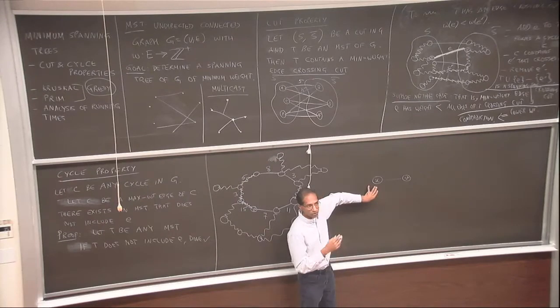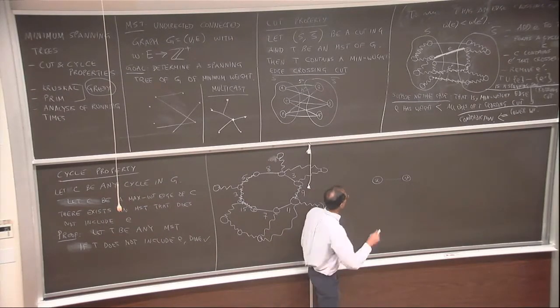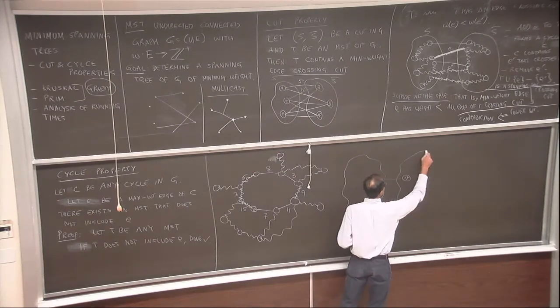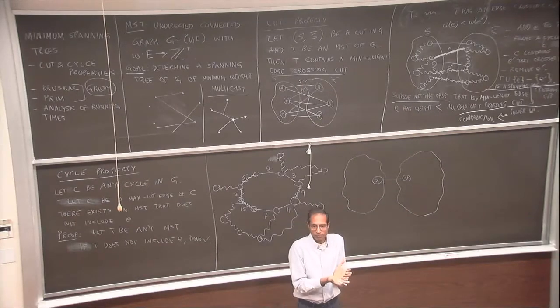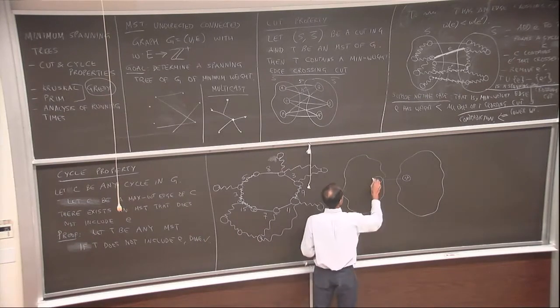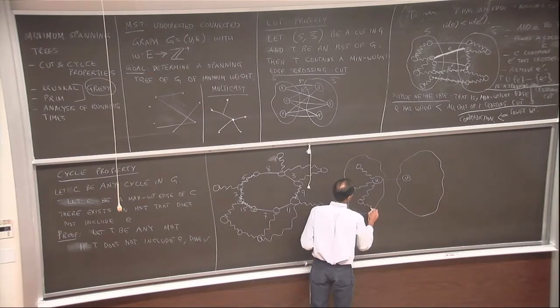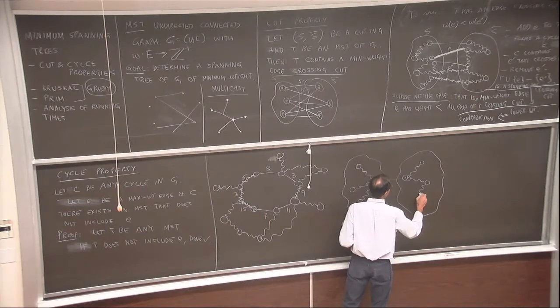So anything that you can reach. Okay? So in some sense, it forms a cut. I mean, it sort of gives a notion of a cut. These are other edges of the spanning tree. This side, the other edges of the spanning tree.